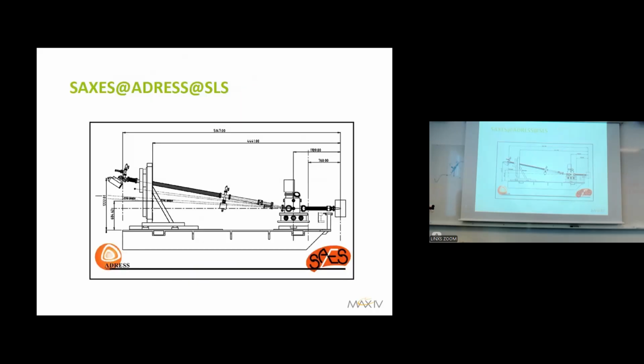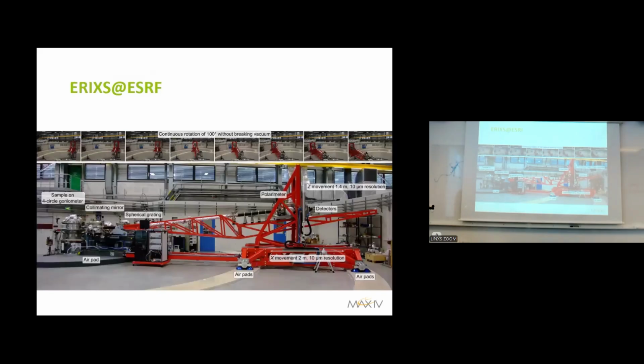This is then the design of the instrument at the ADRESS beamline, which was the first high resolution instrument. It's a 5-meter one. So as you see, it's a very simple design. The main problem is you need to keep everything stable and you need to be able to move your detector. So this is the instrument they've built at the SLS. It's some 15 meters long, and the highest position for the detector is 4.5 meters above ground.